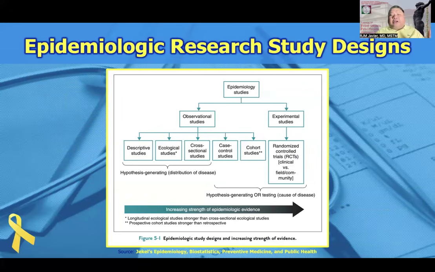If you're going to look at the hierarchy of things, this is how we would classically explain the various research designs, looking into the wealth of robust epidemiological data. And as you go up across the spectrum, you would see that the gold standard would be your randomized controlled trials in terms of testing your hypothesis of causation.